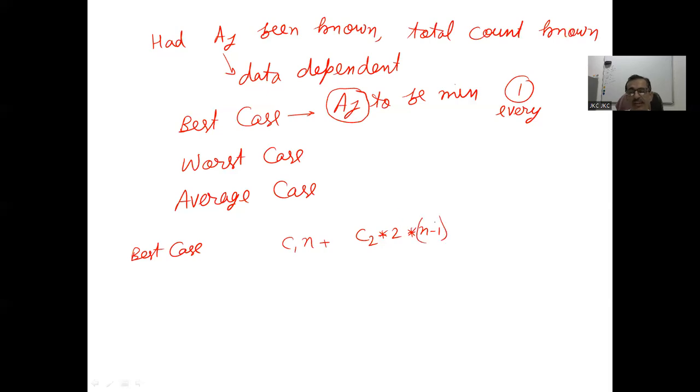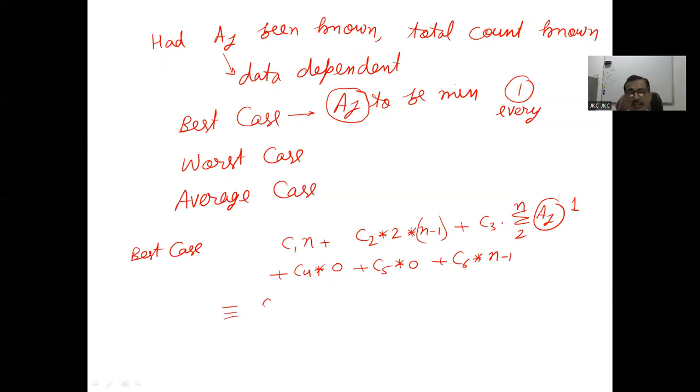Two statements I have taken both collectively here, plus C3 into summation 2 to n of aj, where aj is 1, plus C4 into 0 effectively, C5 into 0 because aj minus 1 will be 0, plus C6 into n minus 1.